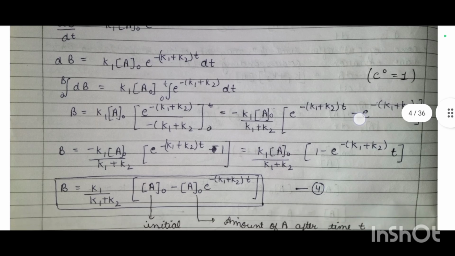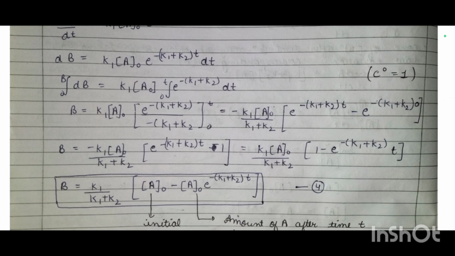So [B] is equal to k1 [A naught] times e to the power minus (k1 plus k2) t divided by minus (k1 plus k2), with limits 0 to t, which is equal to minus k1 [A naught] divided by (k1 plus k2) times e to the power minus (k1 plus k2) t minus e to the power minus (k1 plus k2) multiplied by 0.